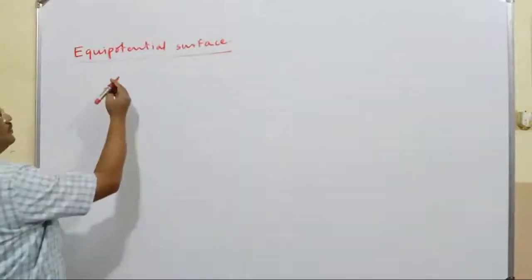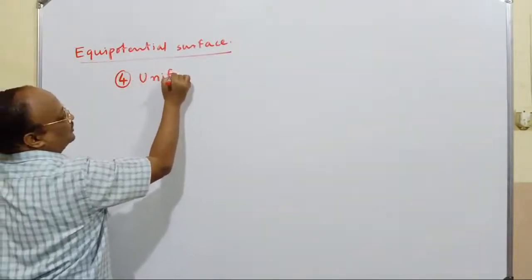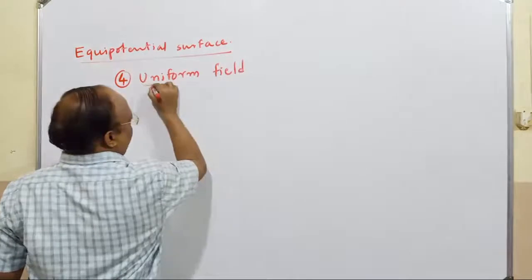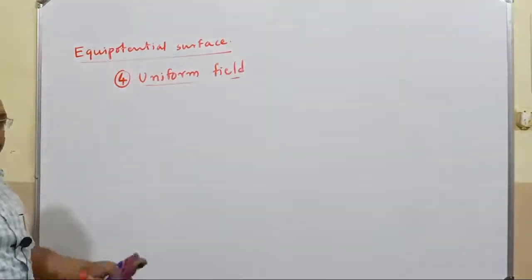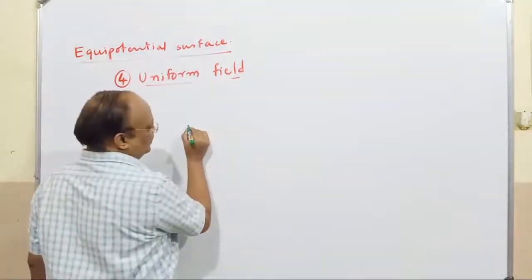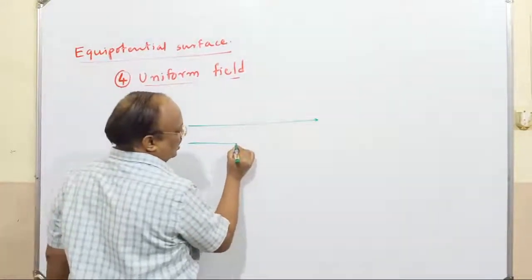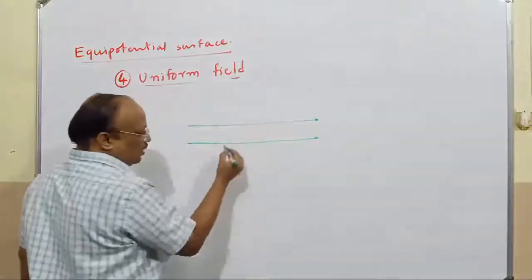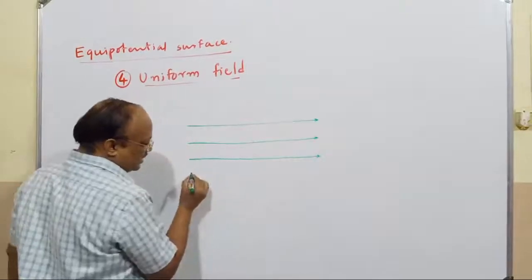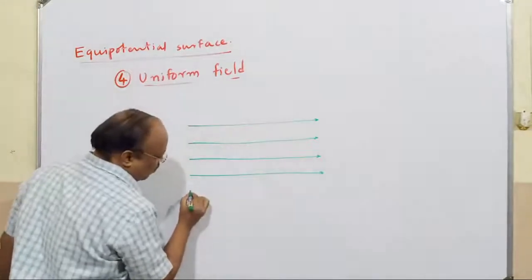Next, for a uniform field. If the electric field is uniform, then as you know, the electric lines of force are parallel to one another and equispaced.